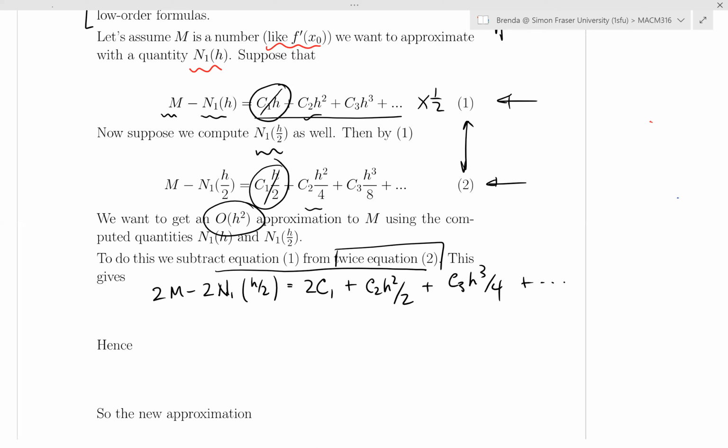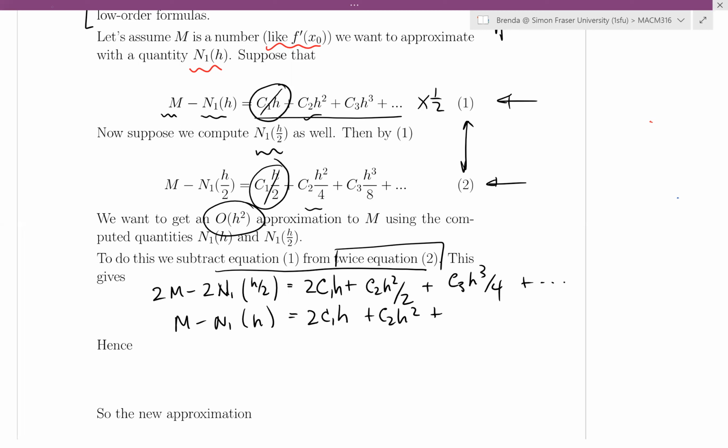Okay. And then I'm going to write the other equation below. M minus N1(h) equals, I forgot the h, c1 h plus c2 h squared plus c3 h cubed.